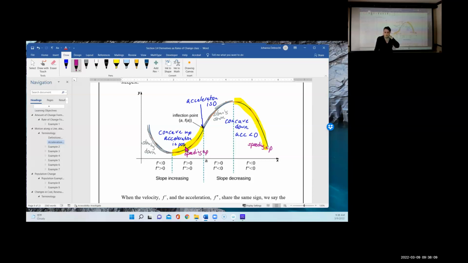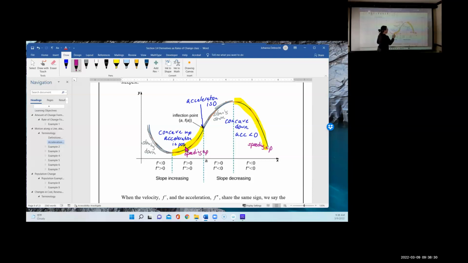Can you just really quick go over the definitions of speed versus acceleration versus velocity again? Yes. Okay. So speed is the magnitude of the velocity. But when we say speeding up, we mean literally putting your foot on the gas pedal.